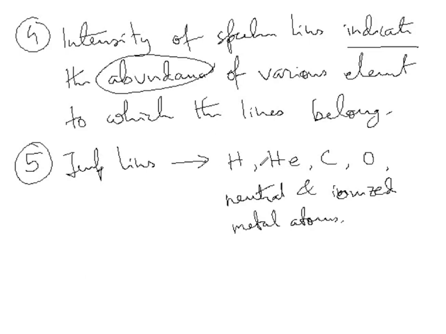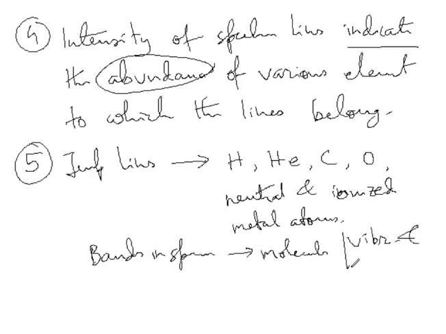Also note that along with them sometimes even bands are also there. Bands in the spectrum, of course, they are also there. Now these are caused by molecules, both vibrational and rotational levels as well.